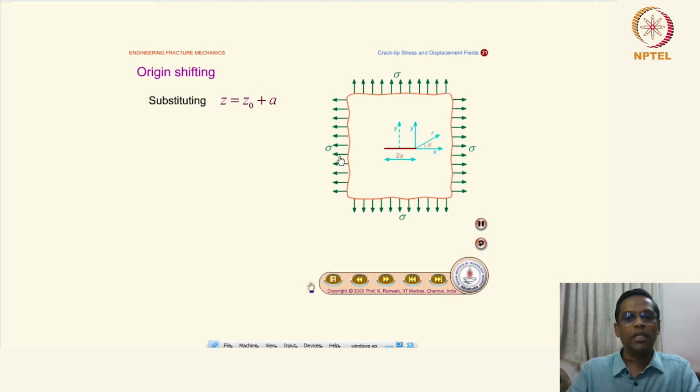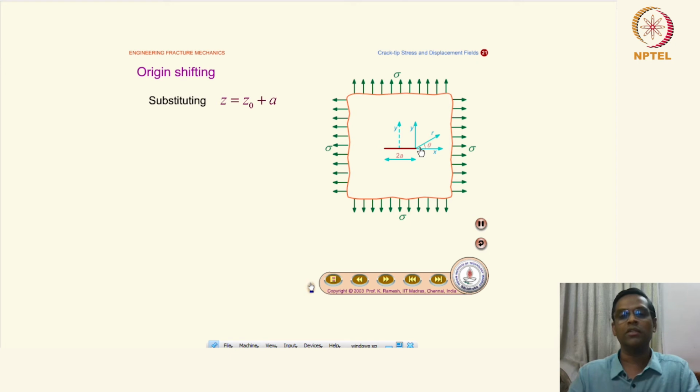Now, what is the next step? The next step is origin shifting. Originally we looked at the crack length as 2a, so the center of the crack was kept as the origin of the description, but Irwin later proposed to shift this to the crack tip to consider it as a specific problem.